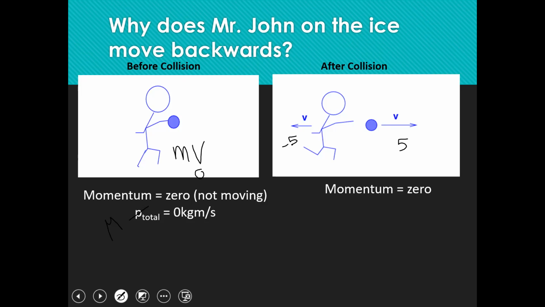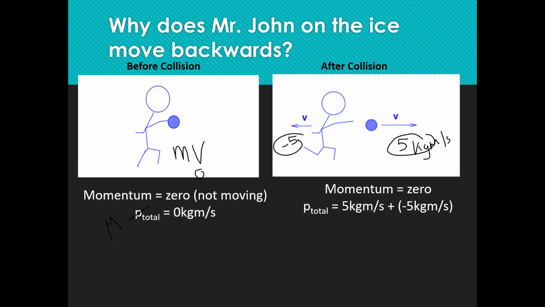So here the momentum will be 0, because the total momentum for the ball will be 5 kilogram meter per second, and for him it will be -5 kilogram meter per second.